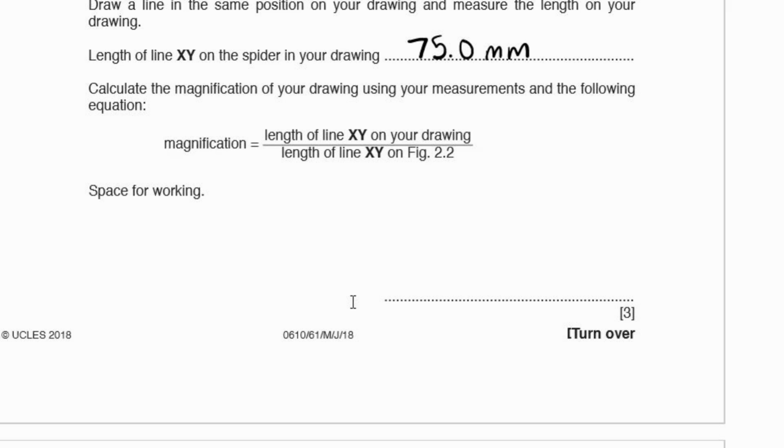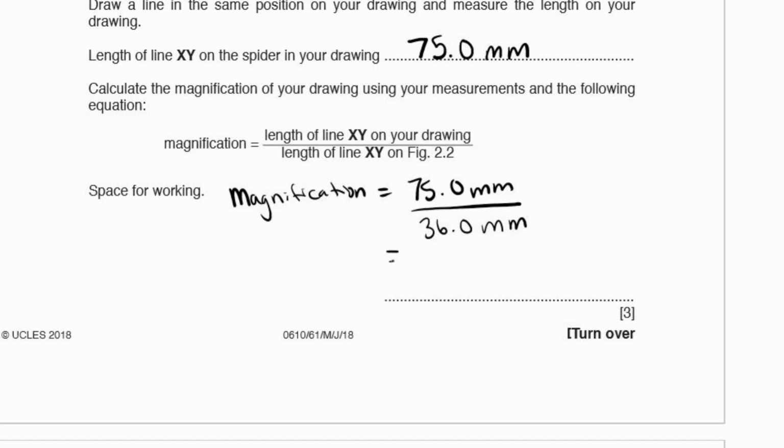Now we have to calculate the magnification of your drawing using the measurements and the following equation. So magnification is basically the length of the line on your drawing divided by the actual length of the line. So magnification equals 75.0 millimeters divided by 36.0 millimeters, and that equals, if you notice that, the units cancel out, 2.08.